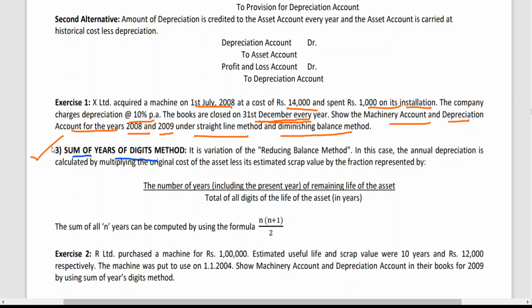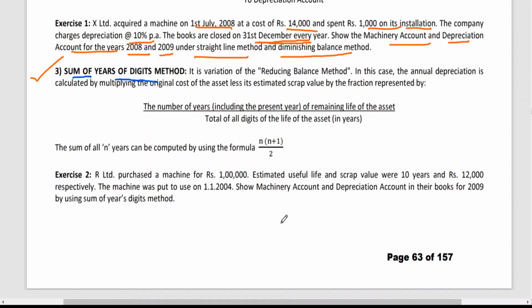In this case, annual depreciation is calculated by multiplying the original cost of the asset less estimated scrap value by a fraction, represented by the number of years including the present year of remaining life of the asset over the total of all digits of the life of the asset, which is n into n plus 1 by 2. In simple words, what is n into n plus 1 by 2? I'll explain here. Let's just wait for a while.